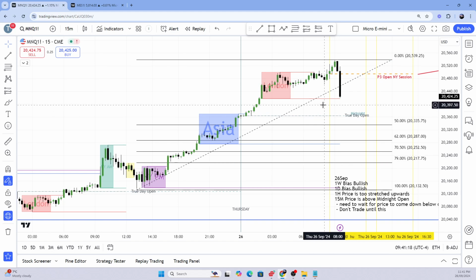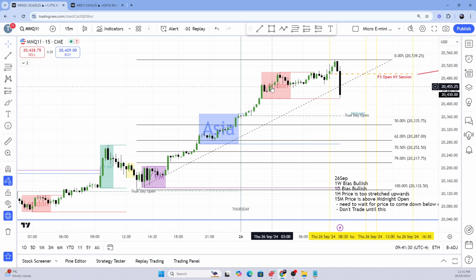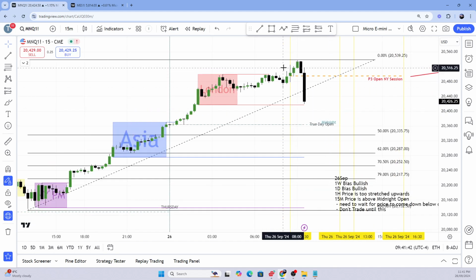Now looking at the 15-minute chart, we can see today's Thursday open, the midnight line, is this. We can see the price has rallied up during the London session, and you can see at 8:30 a.m., this yellow line over here, after the news, you could see the price rallied up.